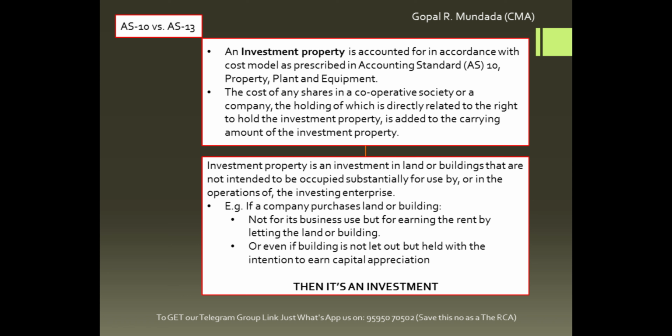So guys, as we discussed earlier, if my firm, the RCA firm, takes any asset for the purpose of letting it out on rent or for earning capital gain, then such an asset comes under the purview of investment property under Accounting Standard 10. So Accounting Standard 10 is suo motu applicable in such a case, and that is considered as property, plant and equipment for me. This is the most important point.